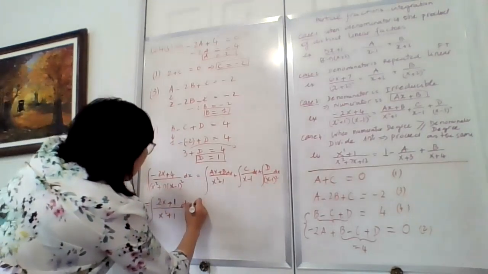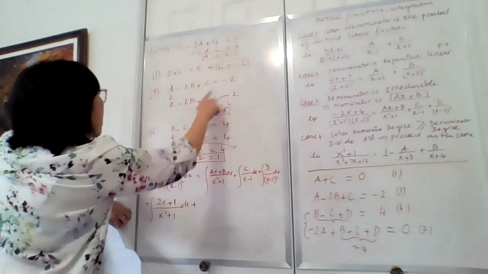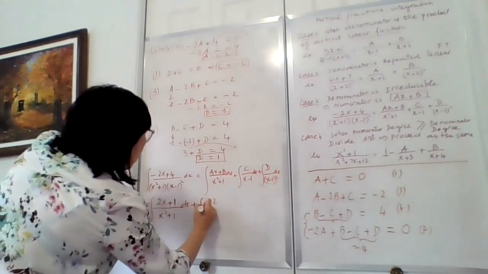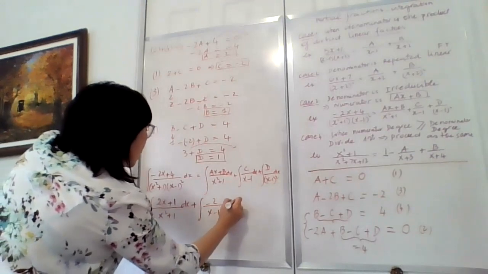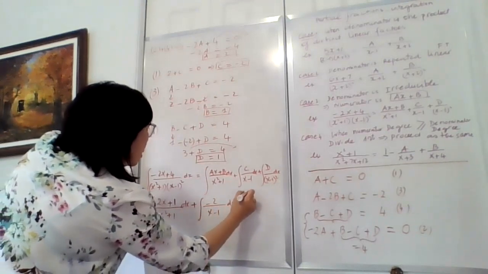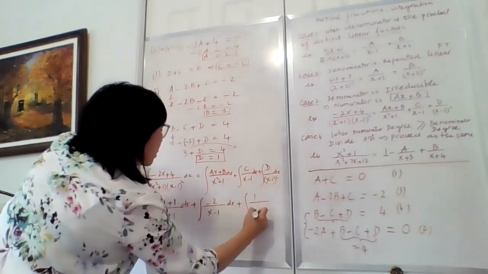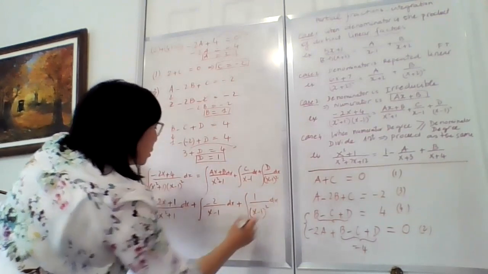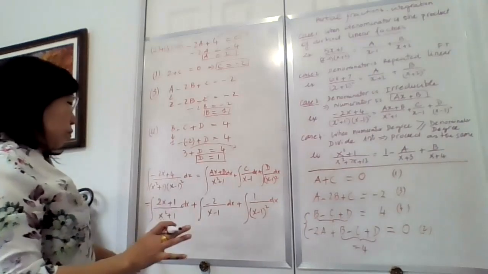Adding our c, substitute c equals minus 2, all of this over x minus 1, dx. Adding with our d equals 1 over x minus 1, all of this squared, dx.